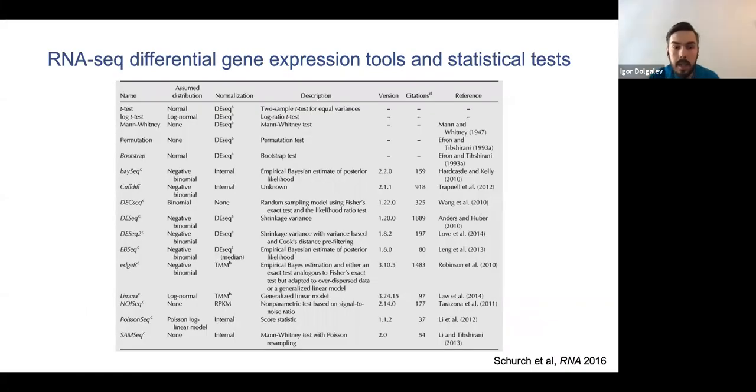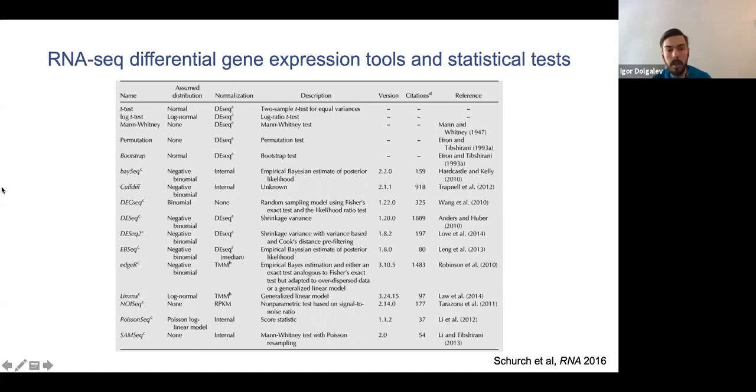There are actually a number of different differential gene expression tools and statistical tests that have been developed over the years to address what's the right way to compare different groups and a different number of reads across different groups. You can use the classic t-test, which assumes a normal distribution, which is maybe not accurate for RNA-seq, which should be negative binomial, but that is one classic test that you can use, and then you can just see if the two samples diverge from each other.